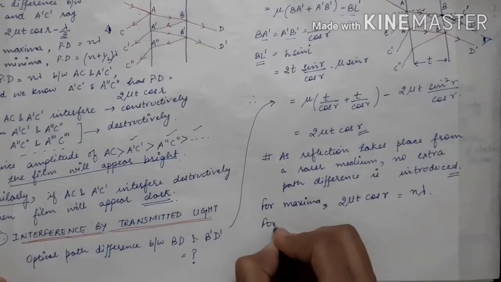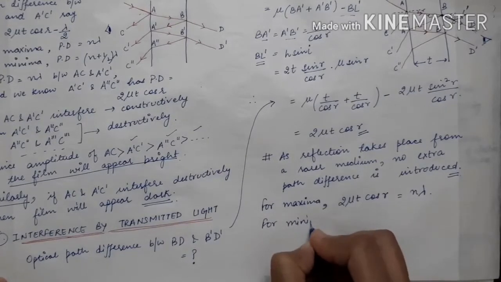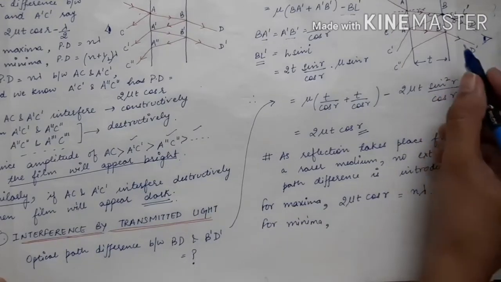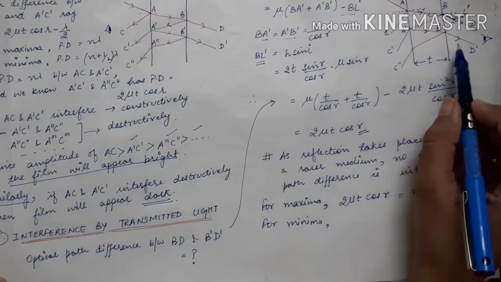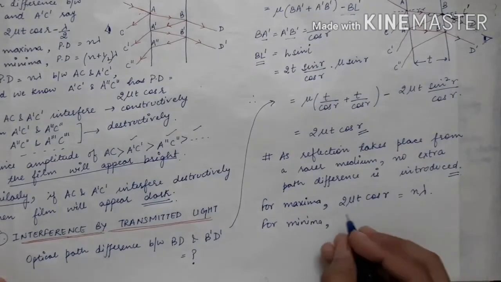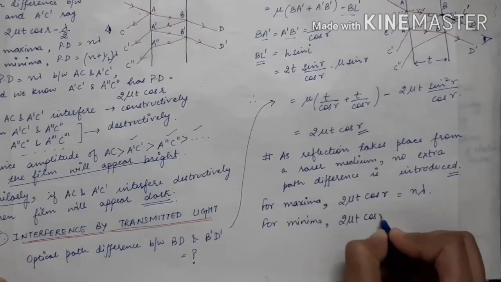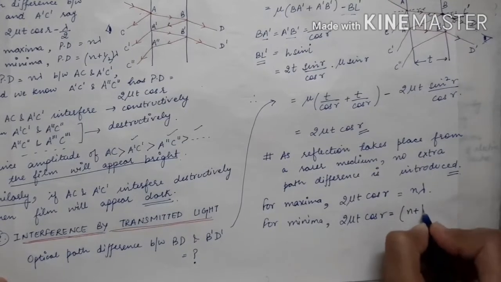And for minima, if the film is viewed from the right hand side, the film will appear to be dark for the case of minima, and it appears dark when the optical path difference is equal to n plus half lambda.